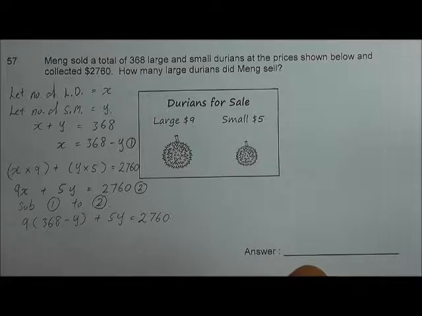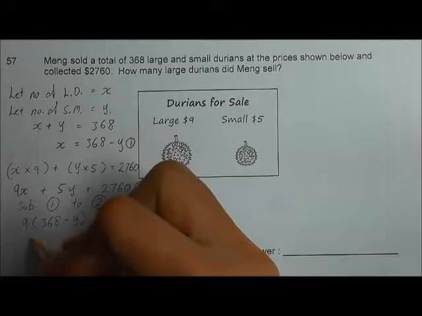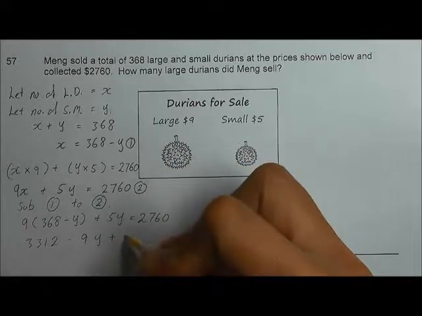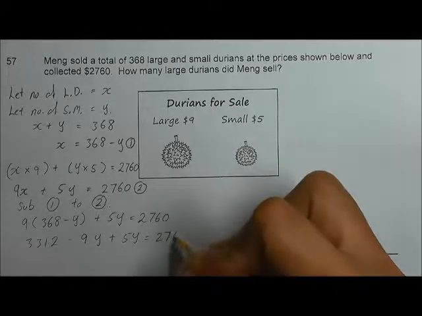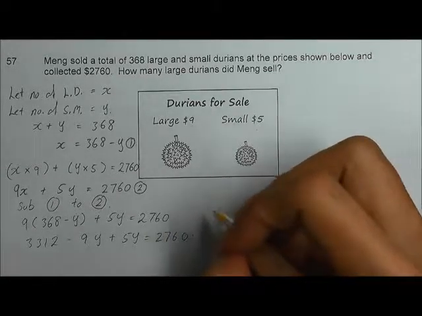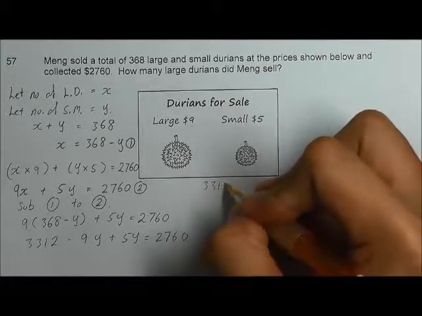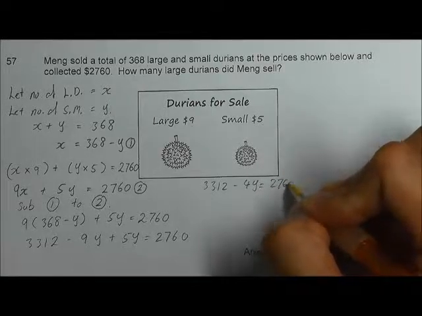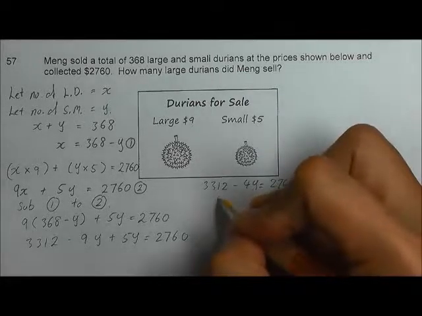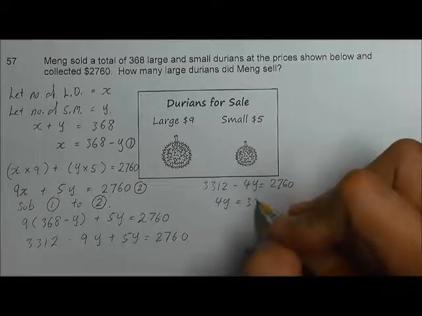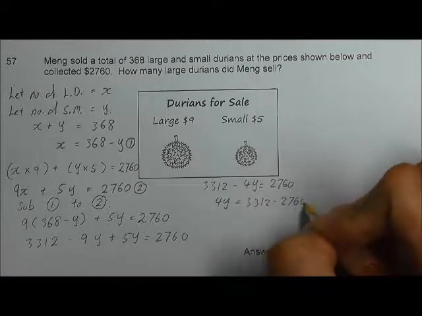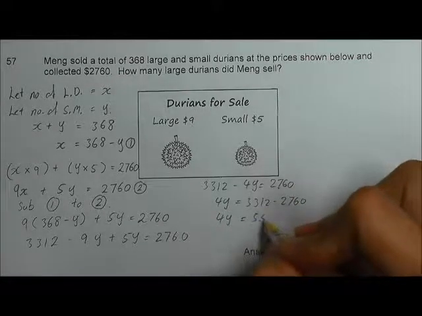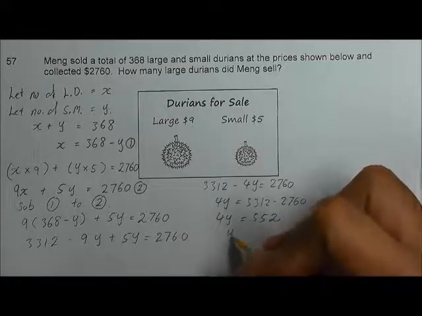So we simplify this, and we will get 3312 minus 9y plus 5y is equal to 2760. And we will have 3312 minus 4y is equal to 2760. So we have 4y is equal to 3312 minus 2760. 4y is equal to 552.